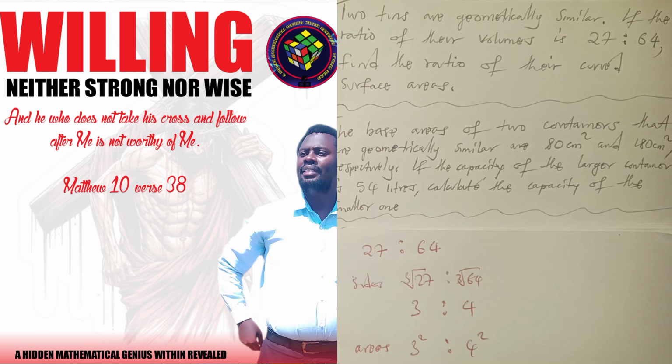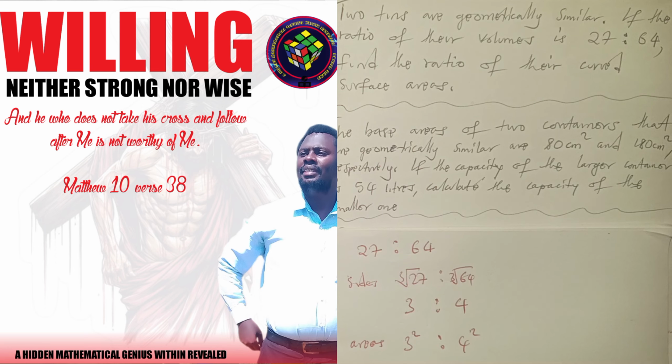Okay, next question. The base areas of two containers that are geometrically similar are 80 square centimeters and 180 square centimeters respectively. If the capacity of the larger container is 54 liters, calculate the capacity of the smaller one.